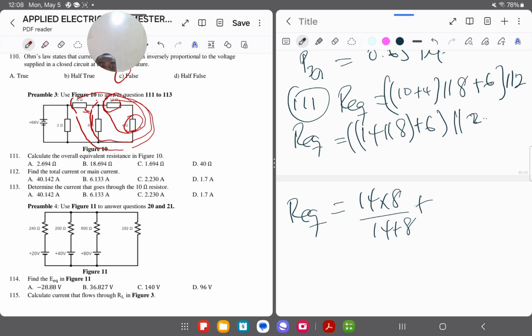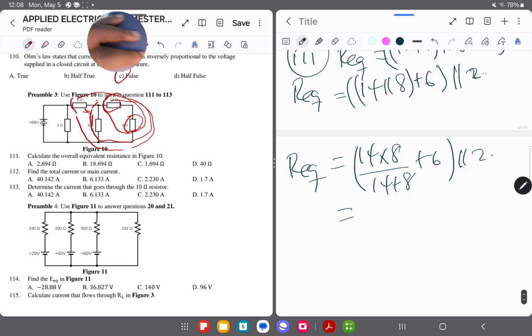Then plus the whole of that. So 14 times 8 divided by 14 plus 8 will give us 5.09091. Then you add plus 6 here.